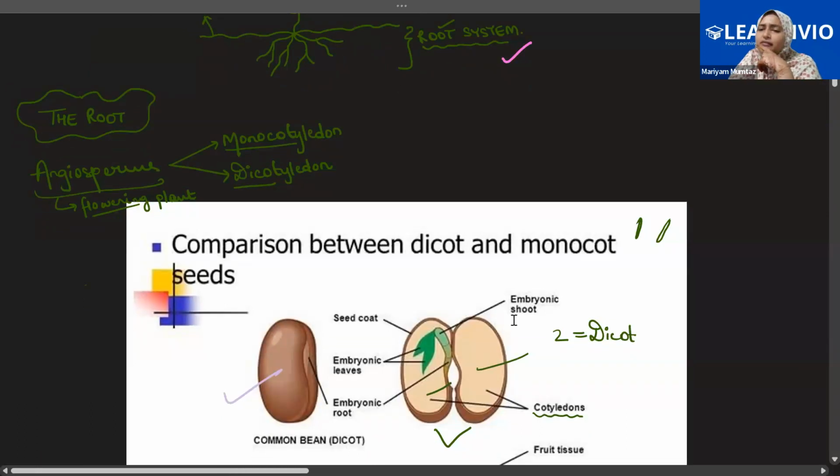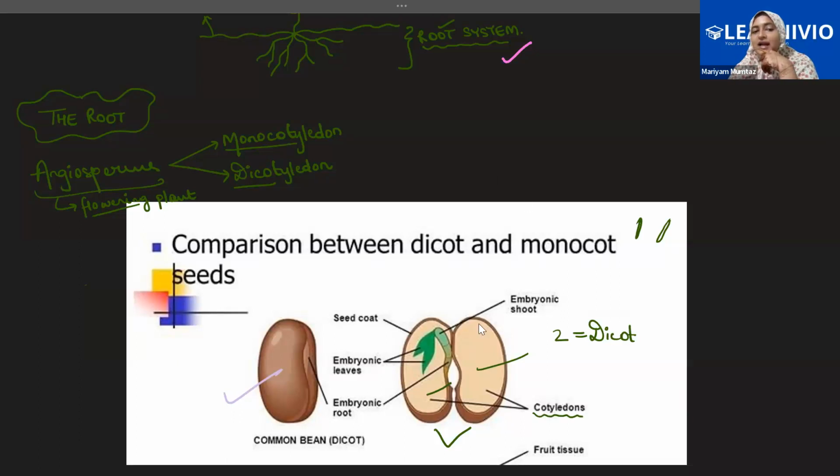And I have taught plant kingdom to you, right? Yeah. So while I was teaching you angiosperms, I might have told you that the angiosperms have been further divided into monocots and dicots, depending upon the seeds and the cotyledons, how many cotyledons are there.